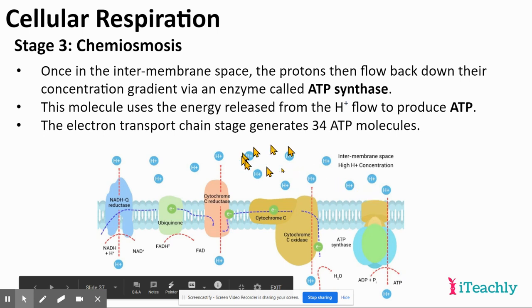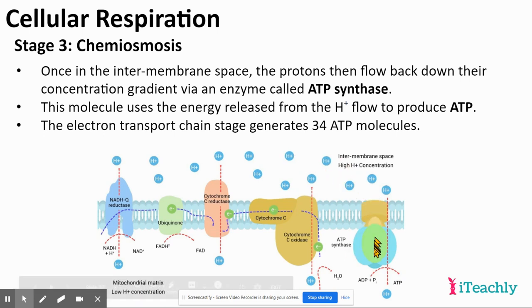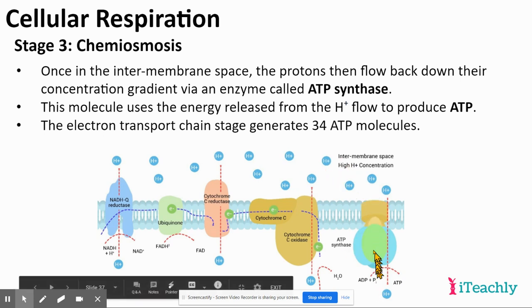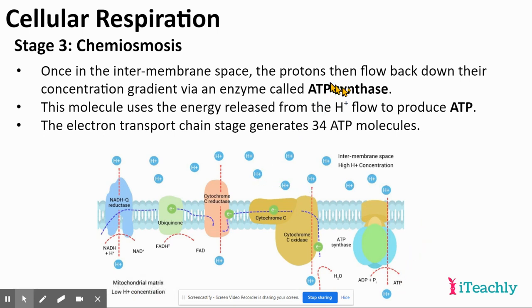So now you have high concentration here, low concentration here, and they're automatically going to flow this way, right? And as it flows this way, this thing kind of ratchets and ratchets. And here's where you got your ADP plus Pi. It's going to use the energy of these hydrogens to actually attach that phosphate there, and you're going to get ATP. So this is ATP synthase.